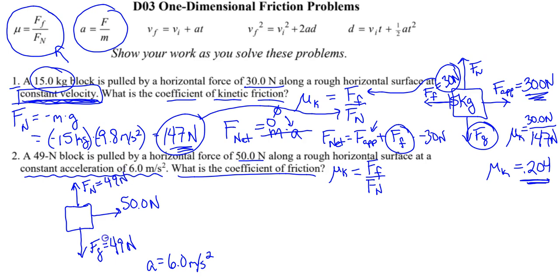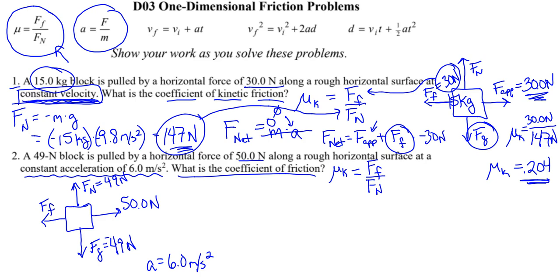So this force of gravity is actually negative 49 newtons because it's acting down. Okay, so what we need to do now is find the force of friction. In order to find the force of friction, we're going to first have to find the net force.